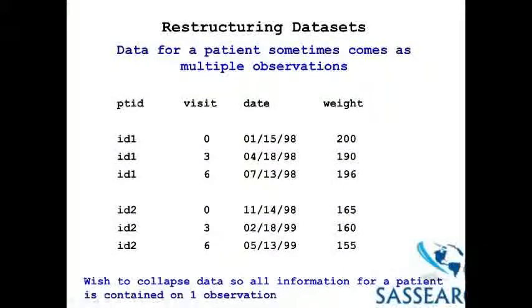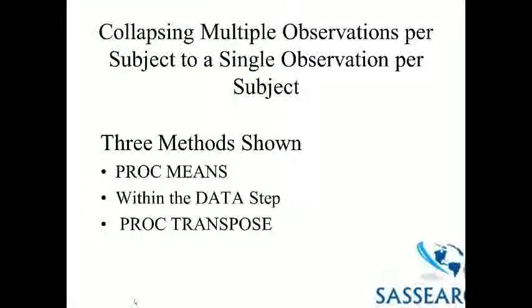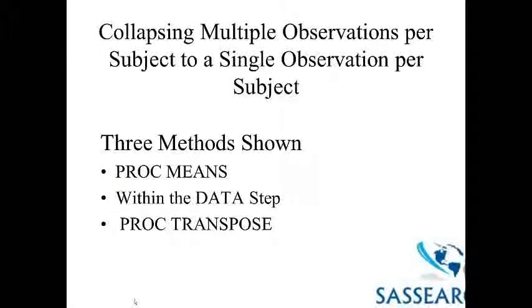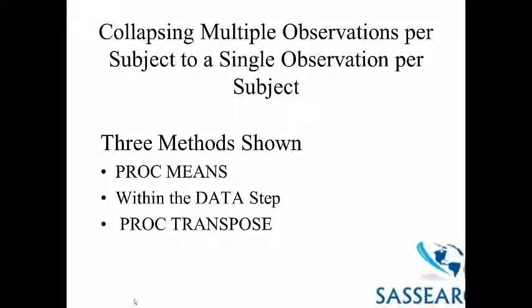So we want to collapse the data so that all the information is contained in one observation. To collapse multiple observations per subject to a single observation per subject, there are 3 possible methods that I'm going to be talking about.